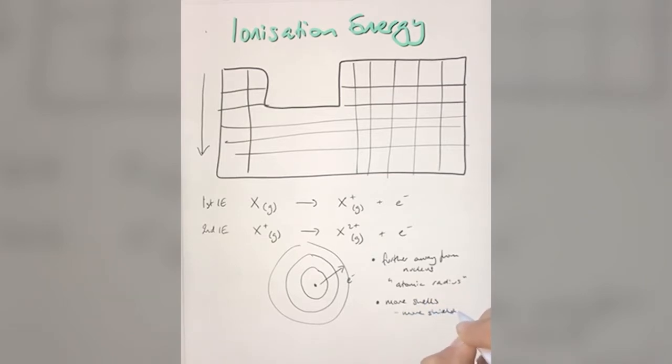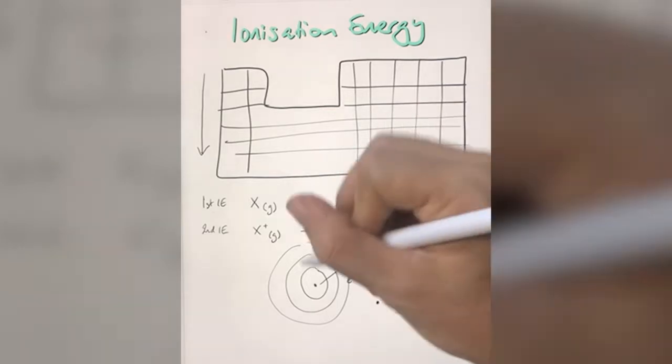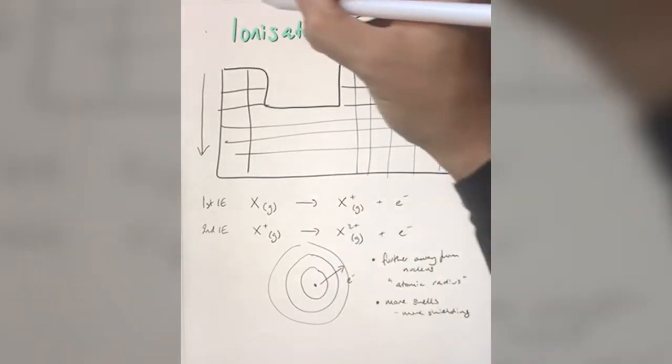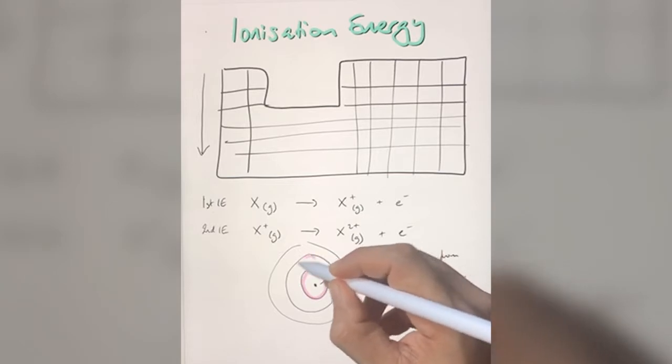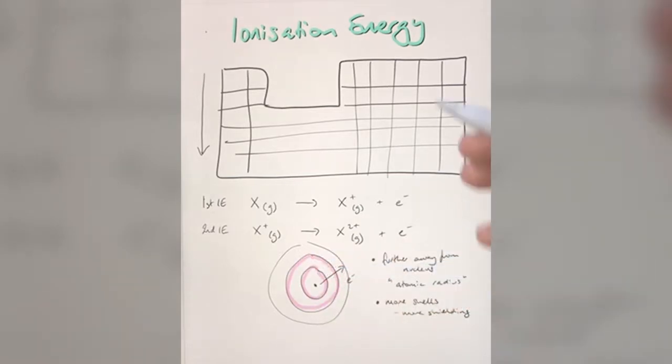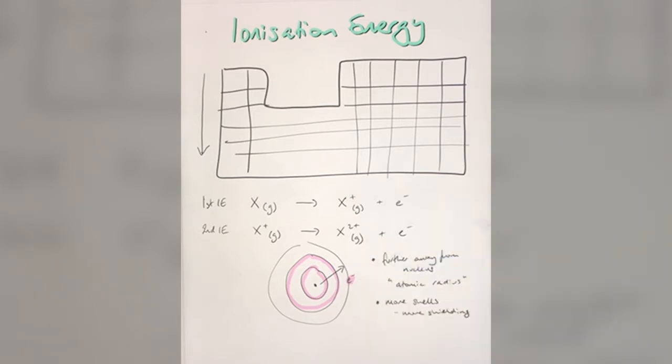And shielding is the effect that complete shells of electrons have. So these complete shells inside here will shield the attractive effect of the nucleus for the outer electron. The more shells there are in between the nucleus and the outer electron, the more shielding there will be.